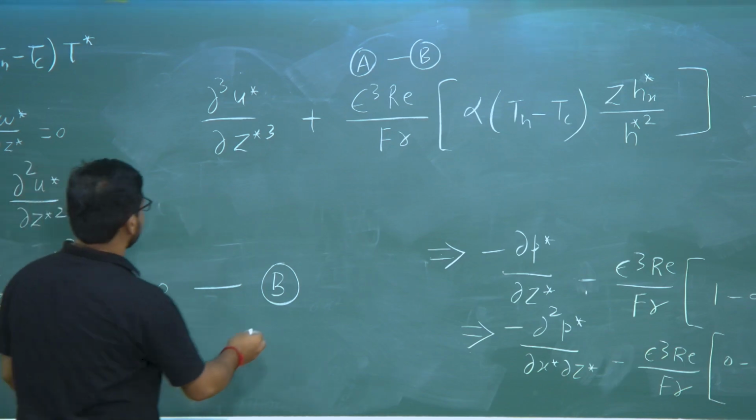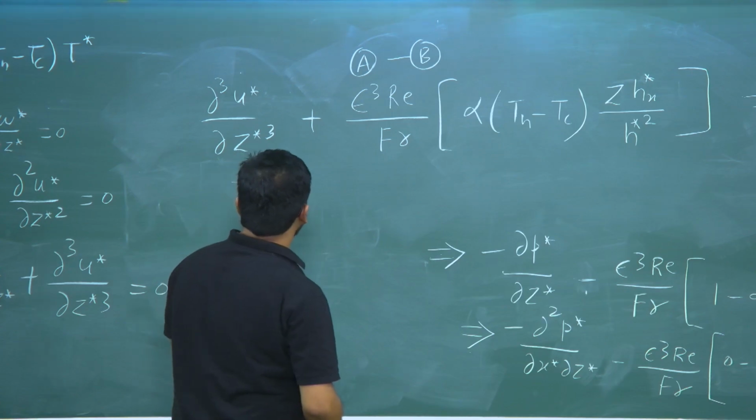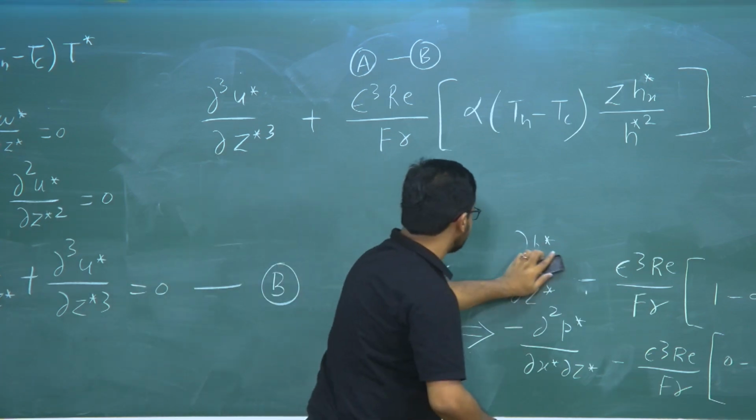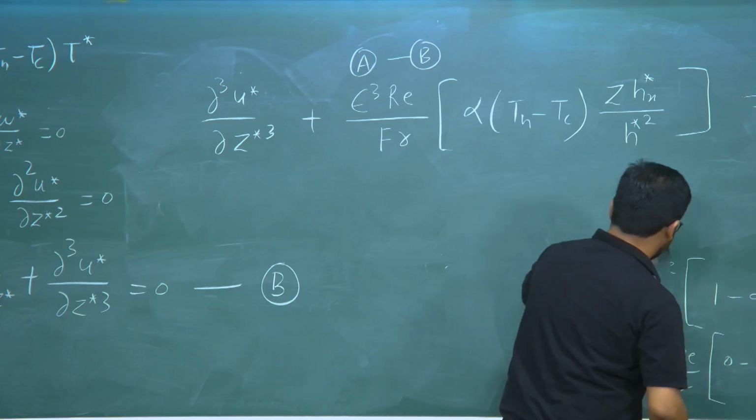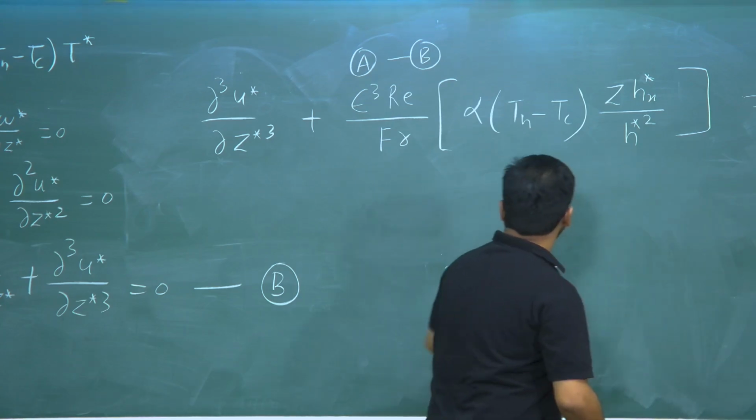So, if you simplify it, what I am trying to do here is move this term to the RHS and then simplify. All we are doing this for is to get u.